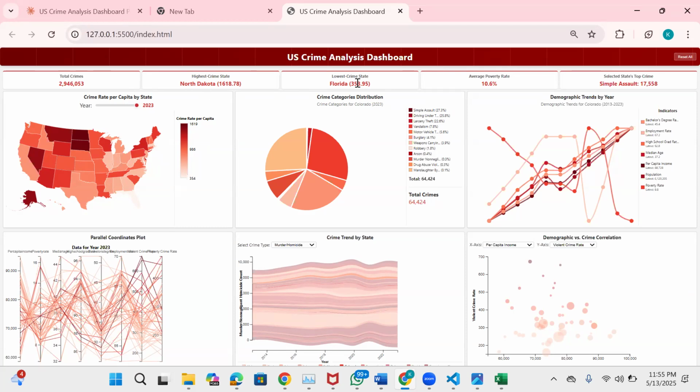Average poverty rate is about 10.6% nationally. Selected state's top crime: for Colorado, simple assault is the top crime with about 17,500 incidents. These KPI cards update dynamically with year and state selections.